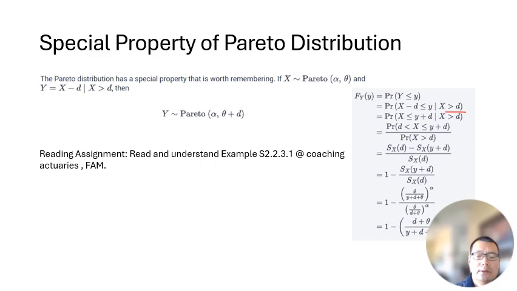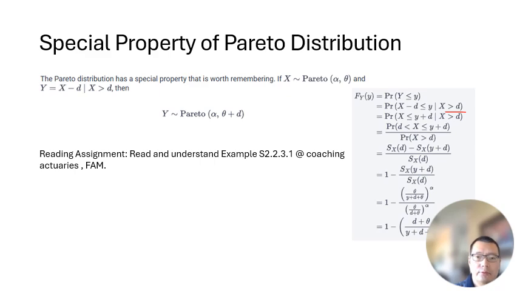And here, since we changed it to x as the random variable, we can use the survival function here for it. So basically, it's the survival function S_X(y plus d) over S_X(d).